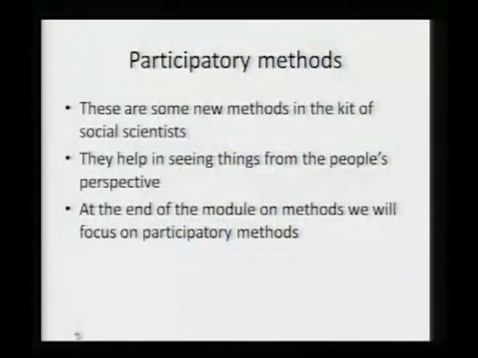Recently, Robert Chambers and his colleagues have developed a new technique of research which is called participatory. Accordingly, there are participatory methods. We will talk about participatory methods in the next class. These are some new methods in the kit of social scientists, and they help in seeing things from the people's perspective. At the end of the module on methods, we will focus on participatory methods.